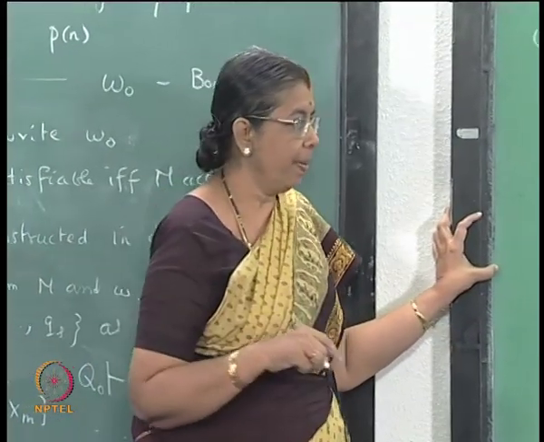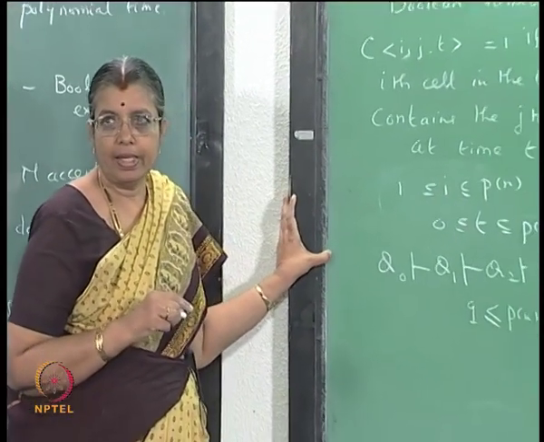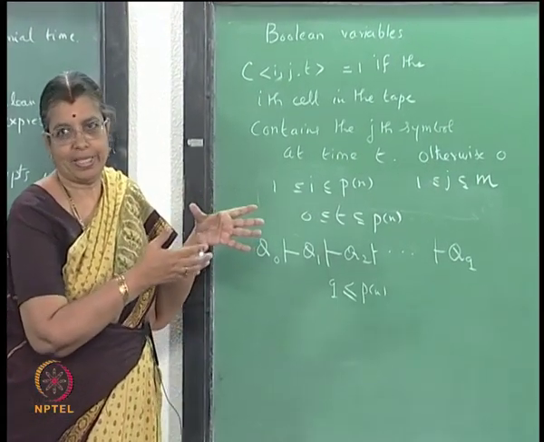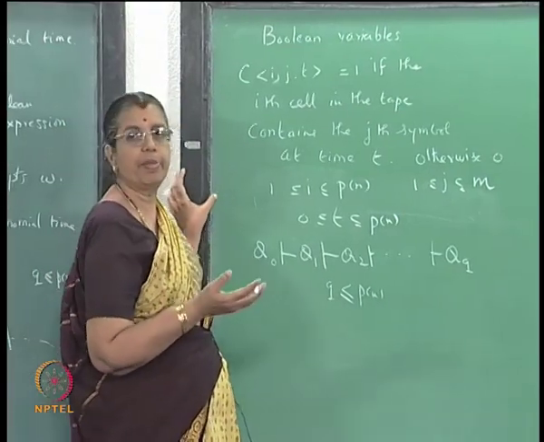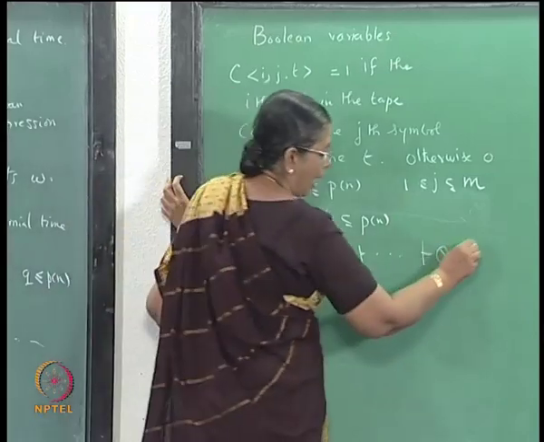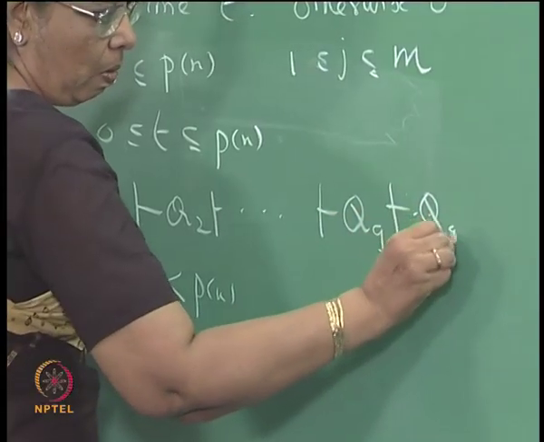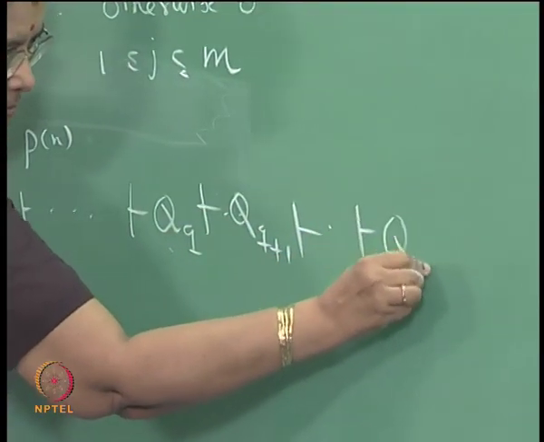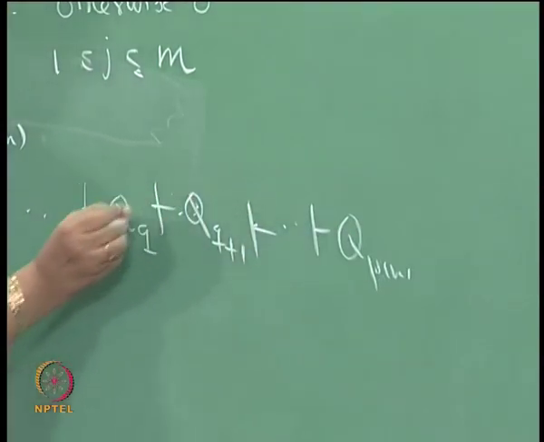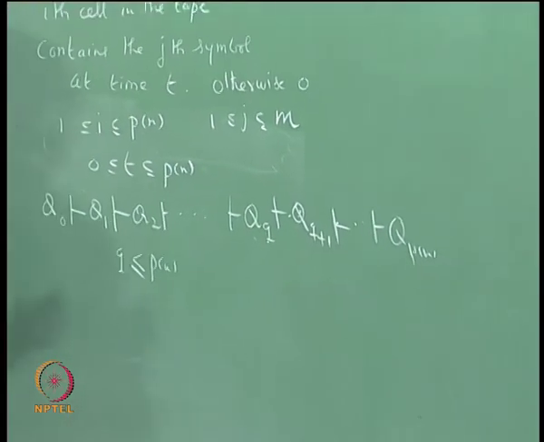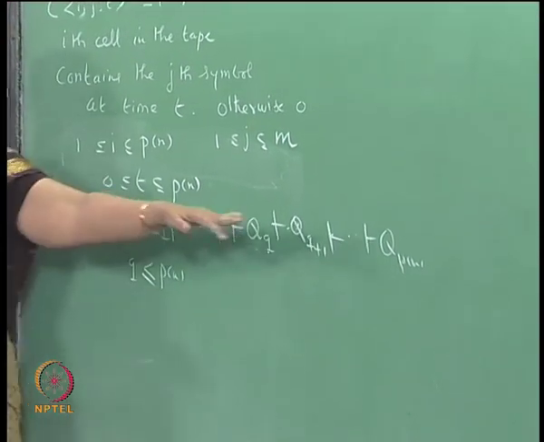If it is less than P of n, we want all the IDs to go up to P of n steps. We do not want to distinguish between something which is less than P of n and equal to P of n. So, the other IDs here, all these are taken identical to qq. Next step also it remains the same, no move. So, we assume that everything takes P of n steps.